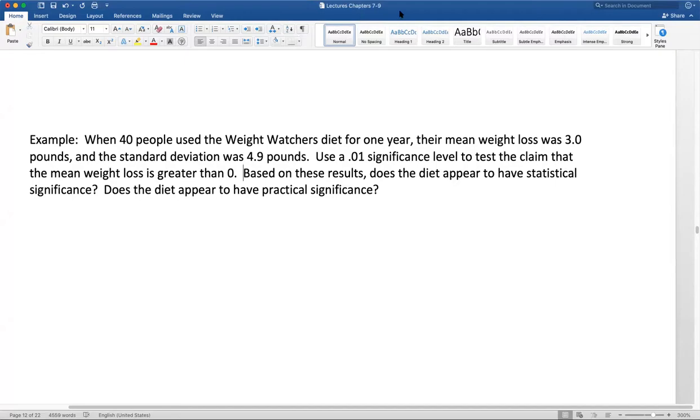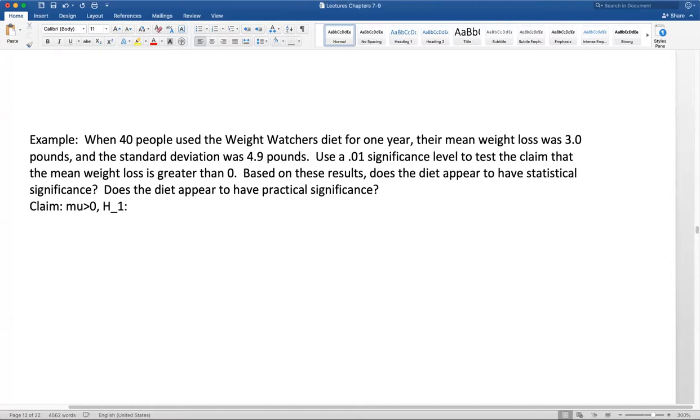So let's see. First, what's the claim? The claim is that the mean weight loss, mu, is greater than zero. H sub 1 is the opposite of the claim, mu less than or equal to zero, but since the equal sign is included, we drop it.